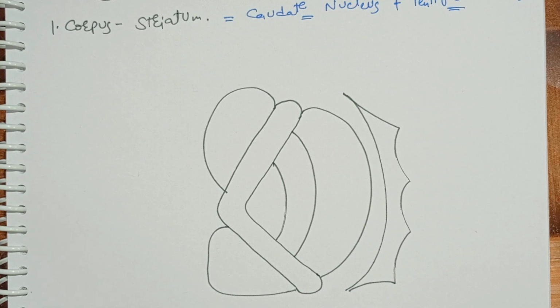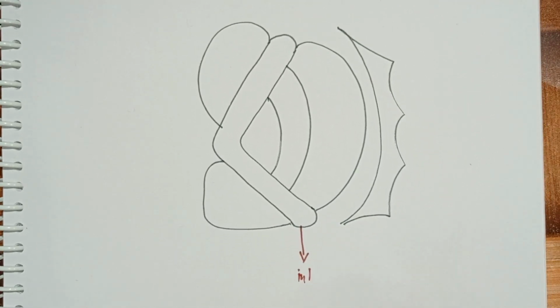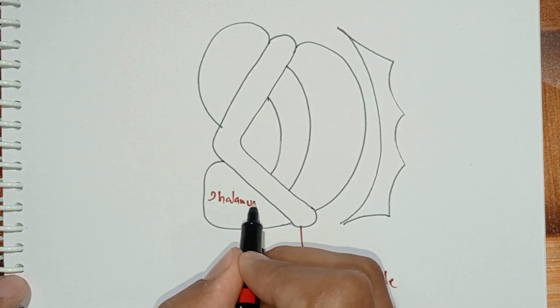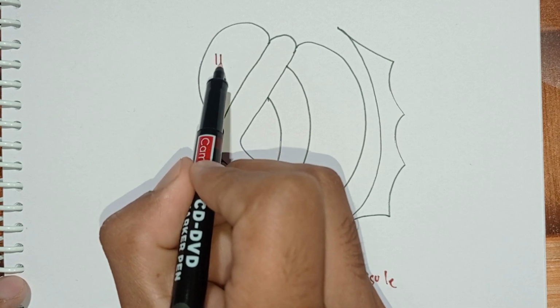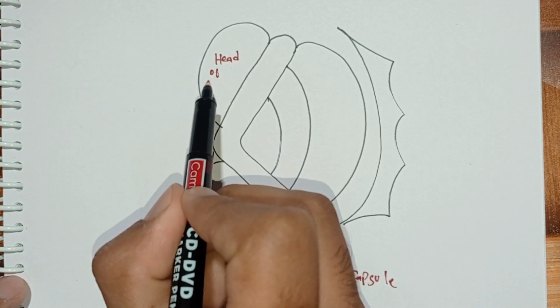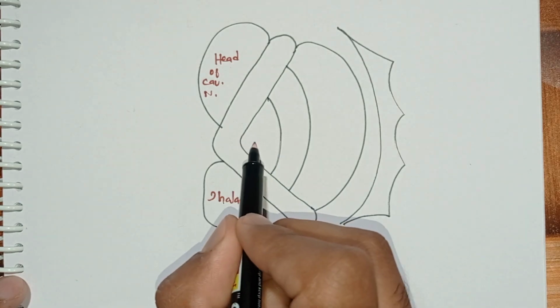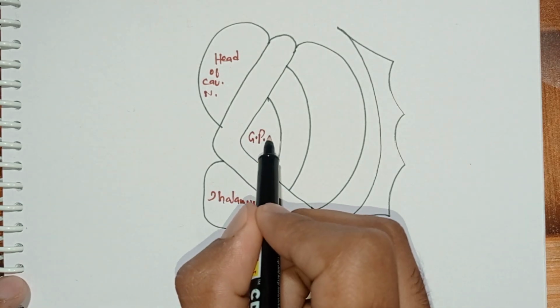Now we will name the different parts in this diagram. This angle is the internal capsule. This right here is thalamus. This is head of caudate nucleus. This part is globus pallidus internus.